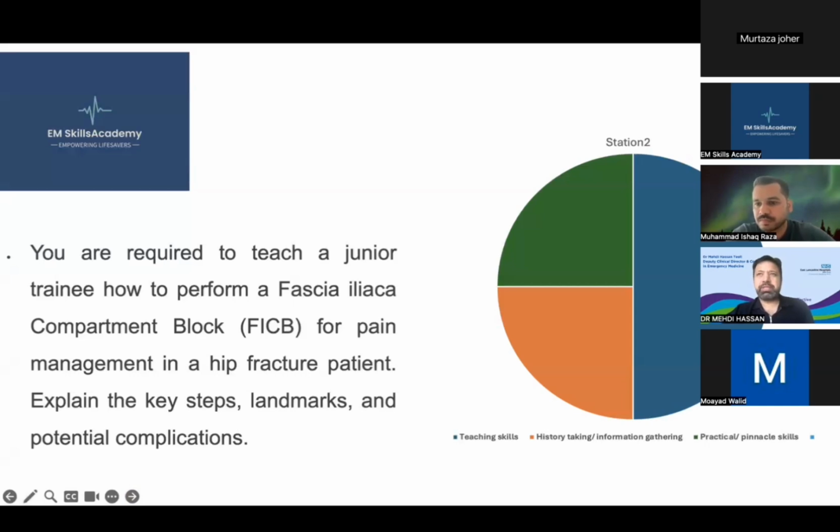Yeah, the patient is basically a 69-year-old female, Jessica. She had a fall this morning in the bathroom, and then she was unable to mobilize. An ambulance was called and she got here. I have seen her. One of the consultants did the primary survey and then requested an X-ray of the hip and pelvis.